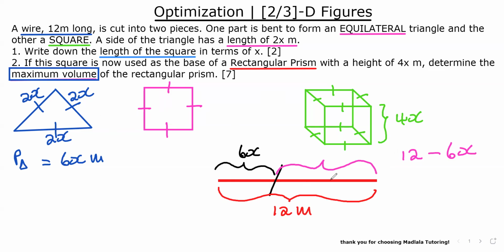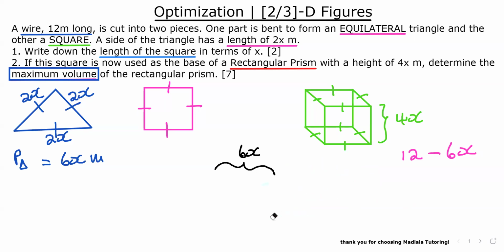Do you see that? Of course you do. So that is just that. Okay, fine. So what you see here is the total length of the wire that is used to form a square, right? In other words, it's the perimeter of a square. Do you get it?